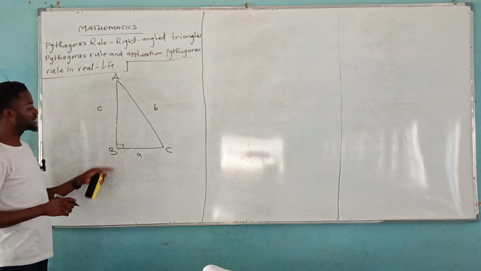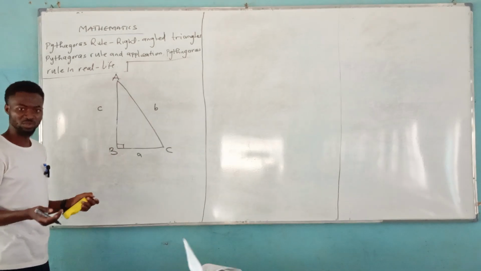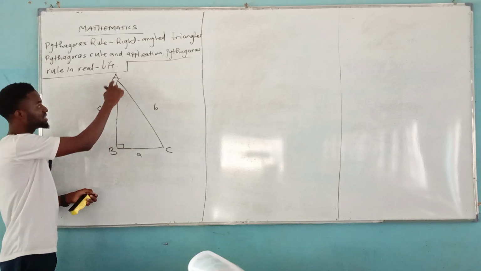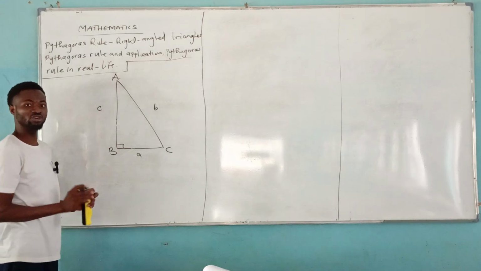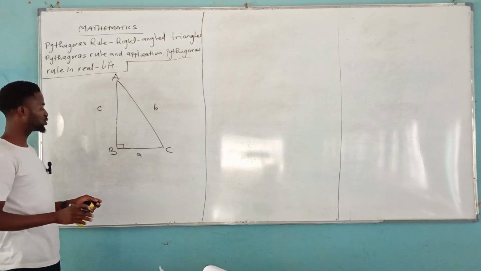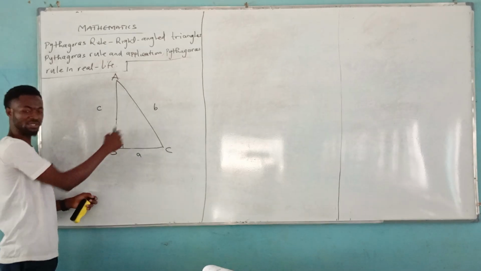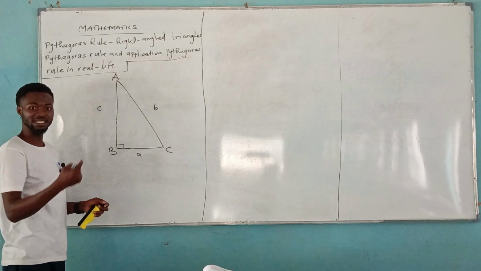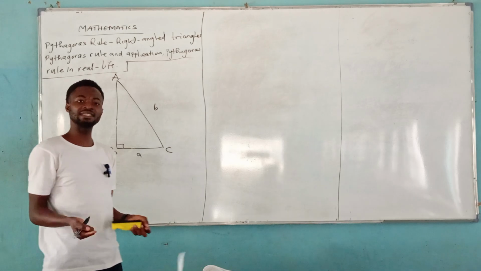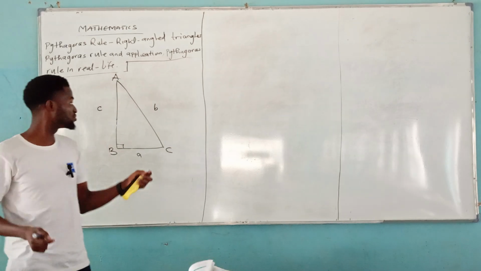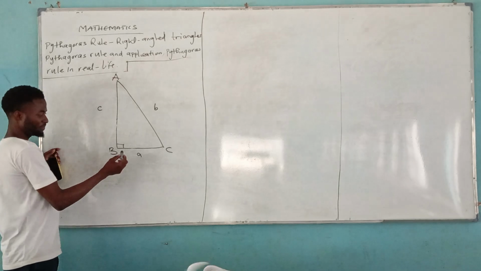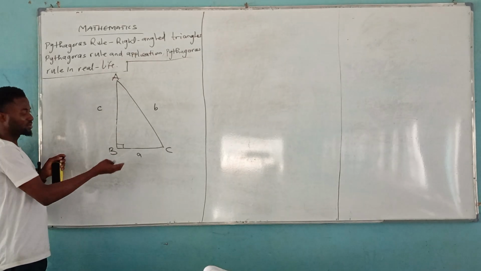But this depends on the alphabet you use, because I may decide to use X, Y, Z or A, B, C, depending on the position that I write. But you should know that the side opposite an angle should be the small letter, because the angles are represented in capital letters and the sides are represented in small letters.